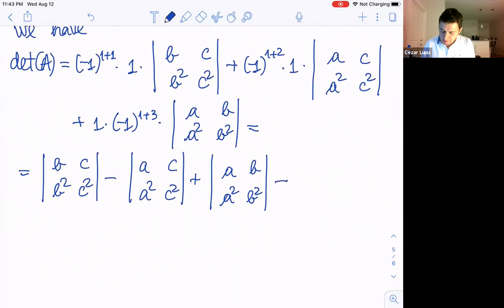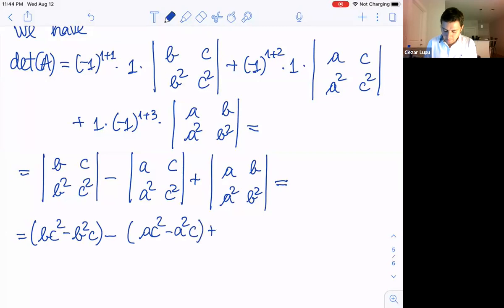Now it's easy to compute each determinant. The first one will give us b c squared minus b squared c, minus a c squared minus a squared c, plus a b squared minus a squared b. Well, you can leave it like this if you want.